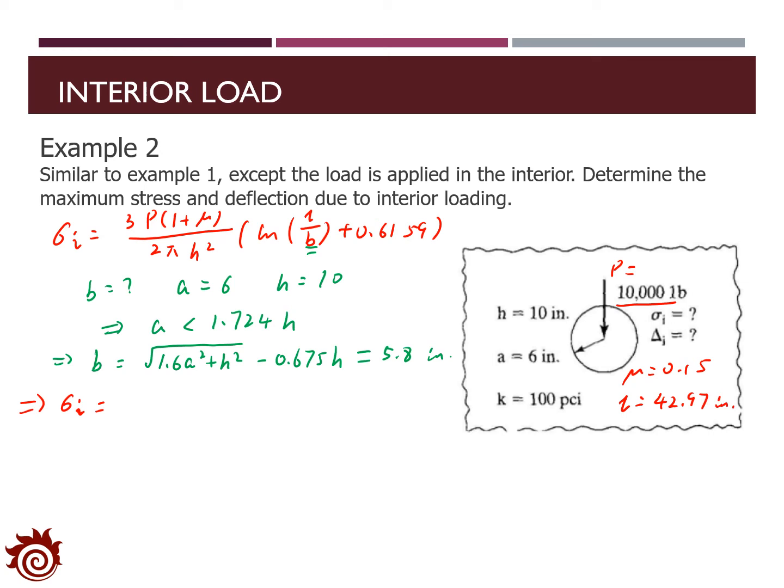So we can calculate the value of sigma I as 143.7 psi.